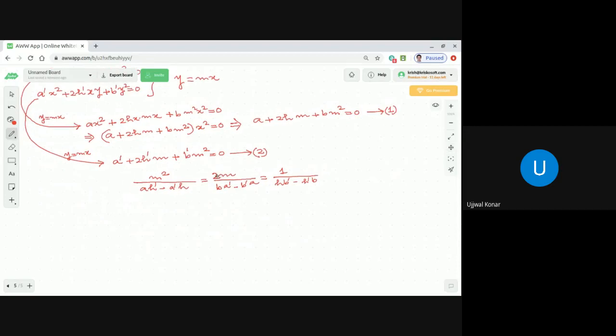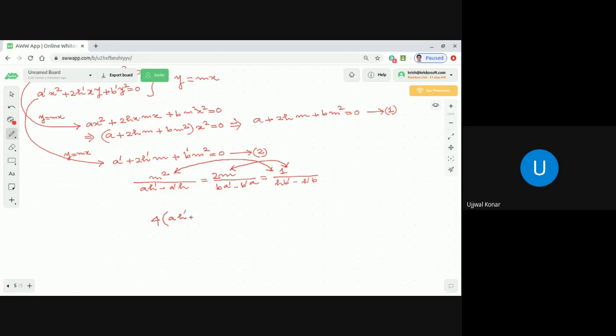Now we can find the value of m square from two of these, and the value of m from another two, and then equate both these values of m to get the required condition. I'm not spending time on that easy simplification, which is out of context for this discussion.